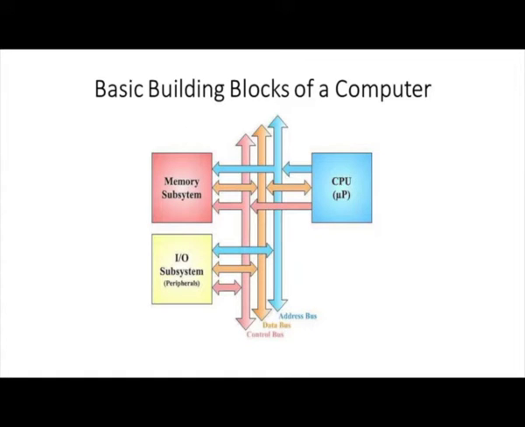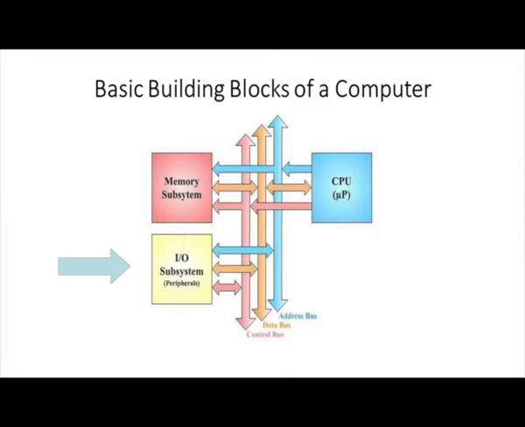Whatever the CPU is currently working on, the data is stored in the memory and the data is also updated in the memory. This memory subsystem consists of memories like cache memory and random access memory. So, we will see them in detail as we go along.